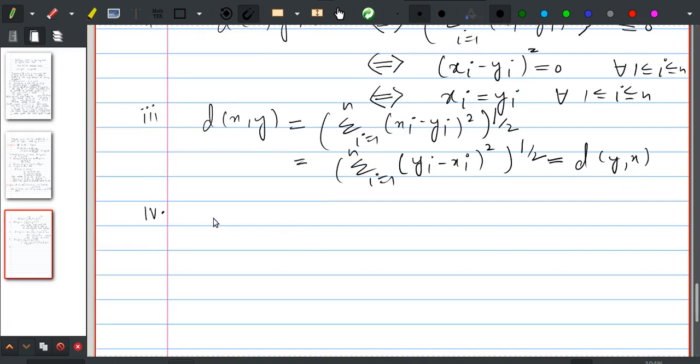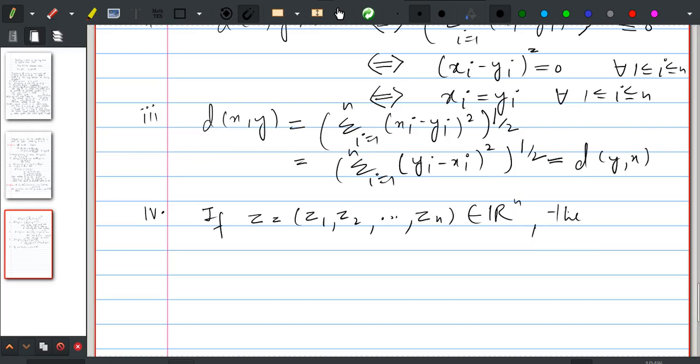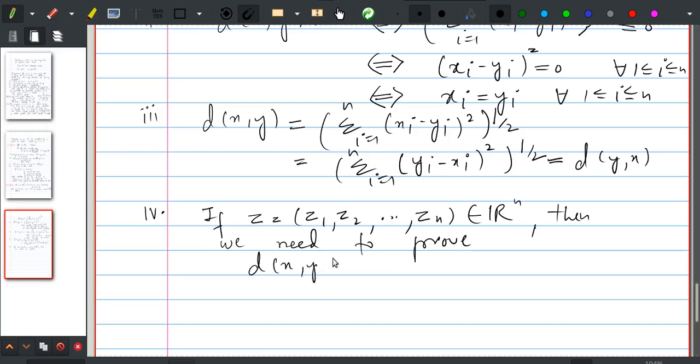So if z is equal to the n-tuple z1, z2 through zn in Rn, then we need to prove d of xy is less than or equal to d of xz plus d of zy.